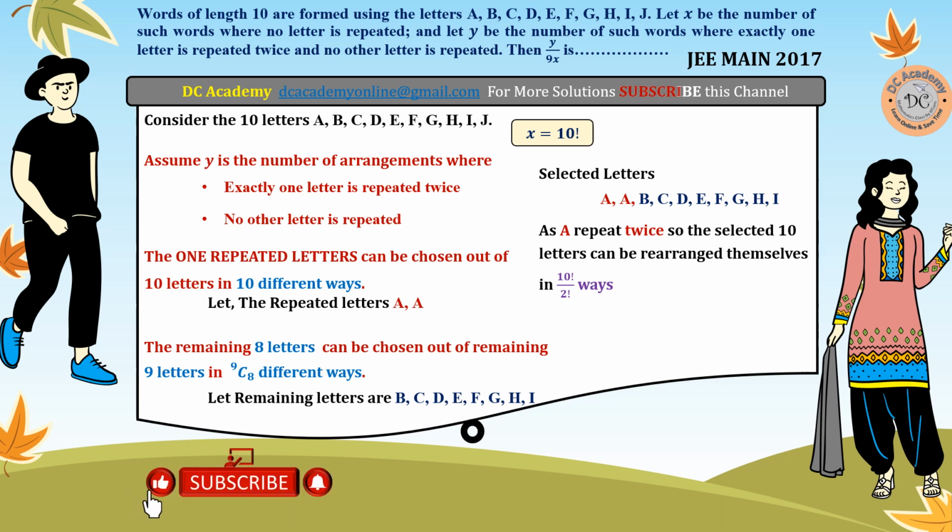Therefore, Y will be equal to 10 multiplied by 9C8 multiplied by factorial 10 divided by factorial 2. That's it, we obtain the value of Y.